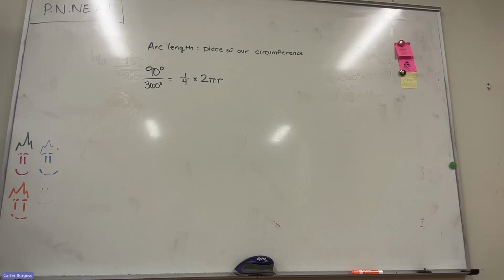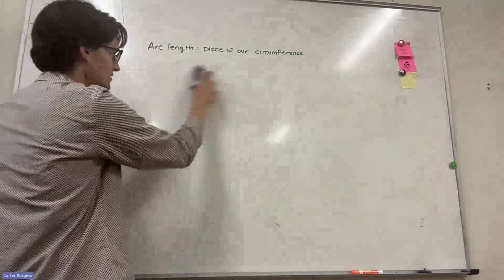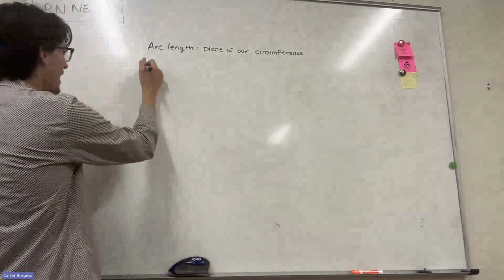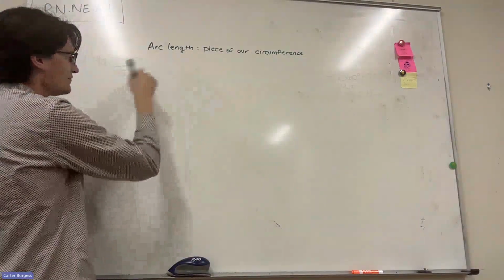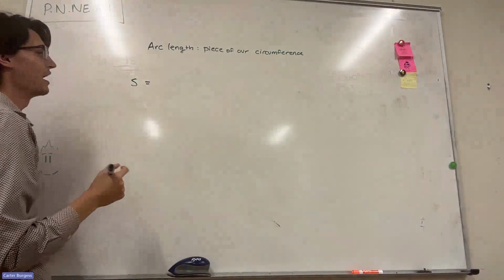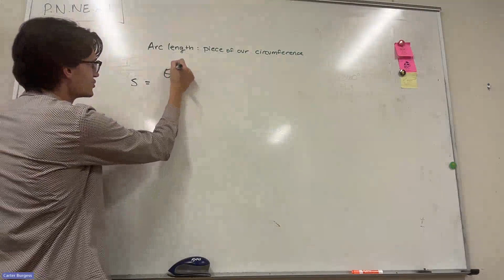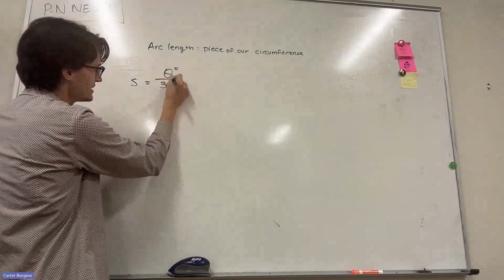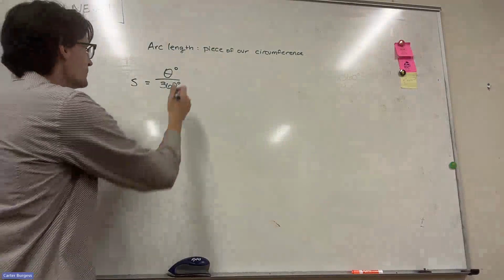Right, obviously, we're not always going to be given 90 degrees, but we can take this idea and make it generic very, very easily. Arc length, S equals: if I am given a theta in terms of degrees, we think theta degrees out of 360 degrees. Again, what fraction of our circle are we walking around?